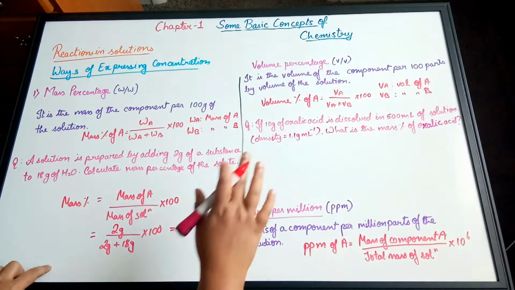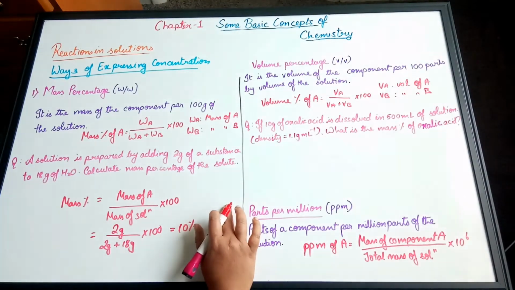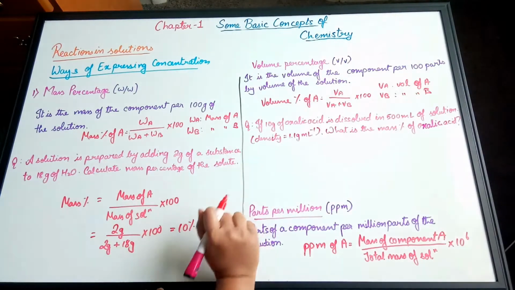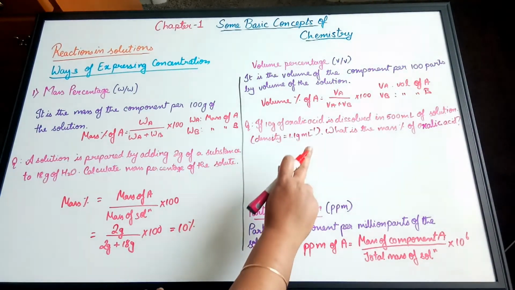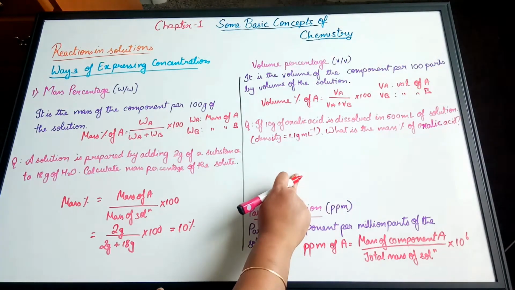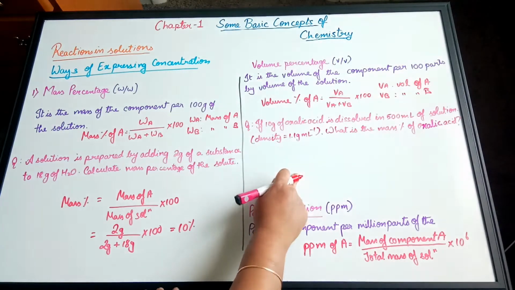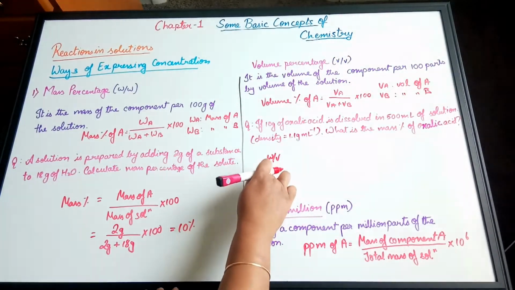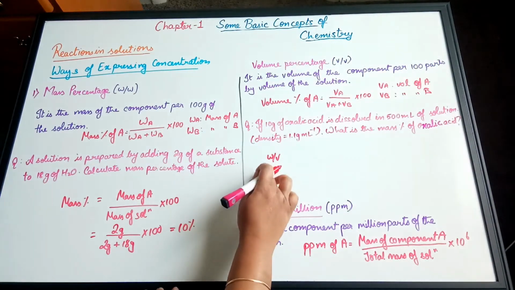The next one is volume percentage. This is mainly used when you have one particular liquid dissolved in another liquid. It is the volume of the component per 100 parts by volume of the solution. So volume percent of A would be equal to VA by VA plus VB into 100, where VA is the volume of A and VB is the volume of B, and it's denoted as V by V. There is also another one which is W by V, weight by volume.